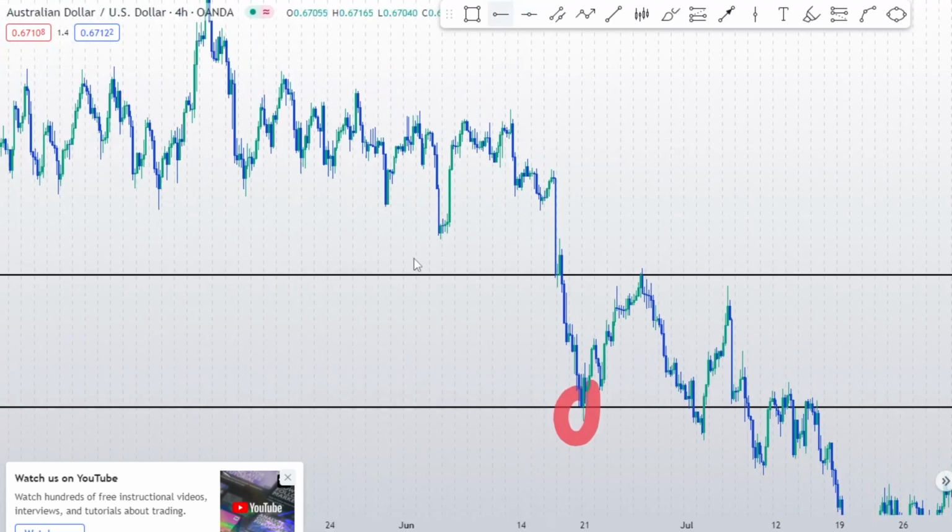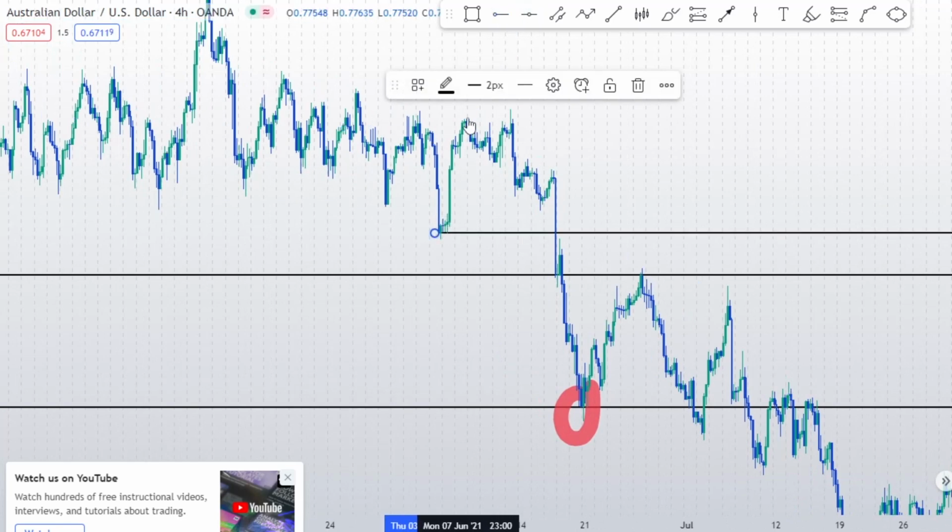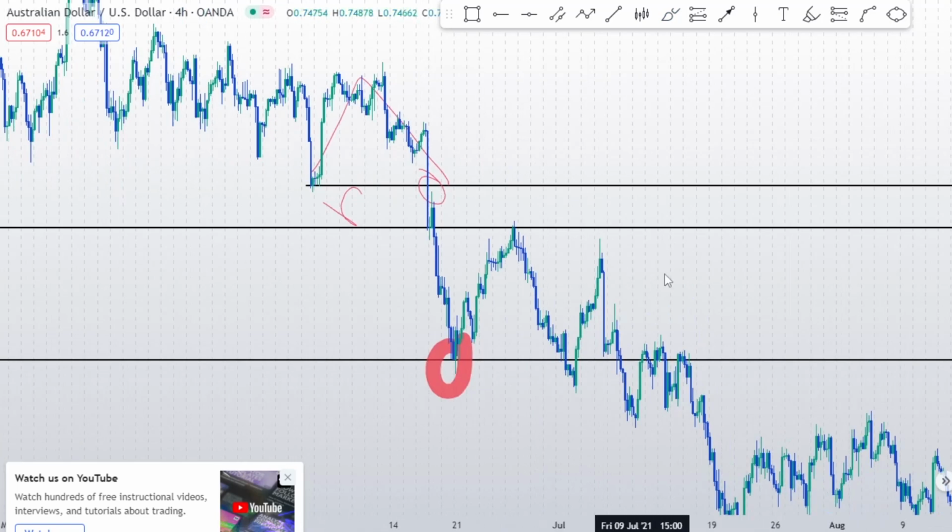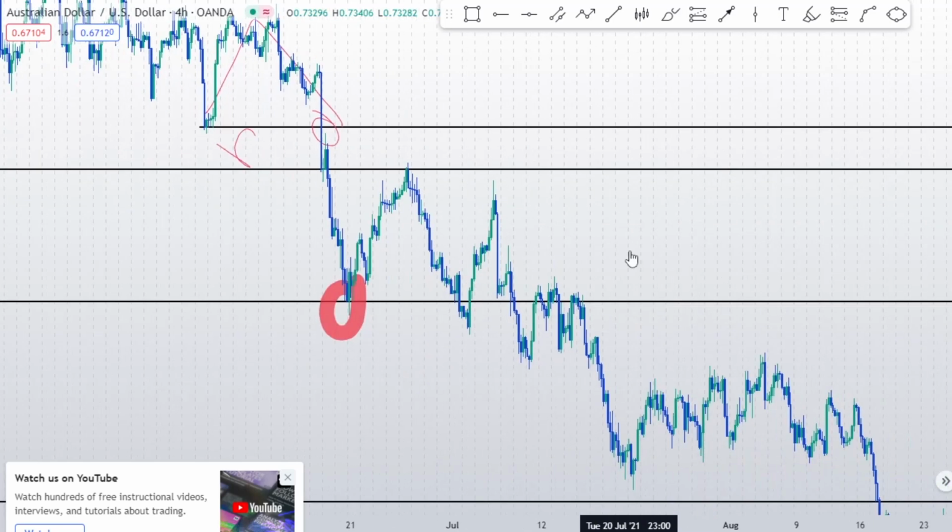In this instance, again, we had a support on this level where the market went up. This was a support. The market went up, came down again and broke that support. So you should also know where your market is, so that you know if the support and resistance is going to be broken or to hold. But you also look at the candlestick, what is happening when the market reaches that support and resistance level.